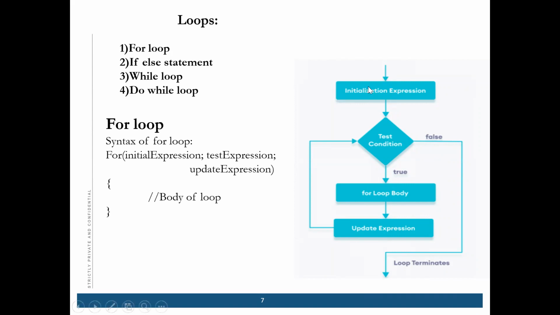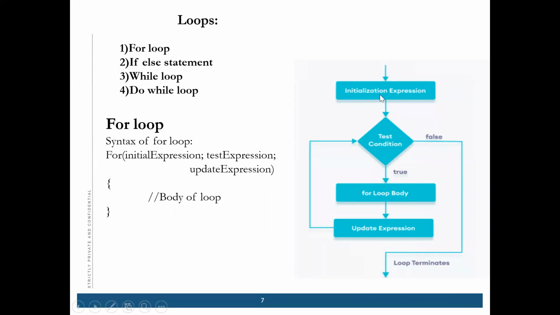The initial expression is when we assign some value to the variable. Suppose i equals 10. Then we will test that: if i is greater than 100, then only it will enter into the loop. I have given i the value 10, so it is not greater than 100, and it will not enter into the loop.